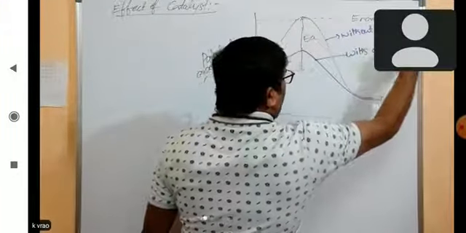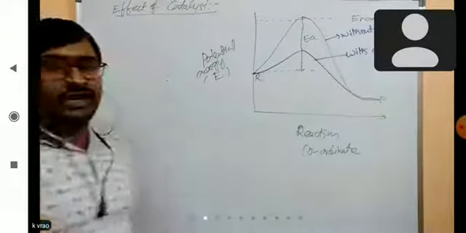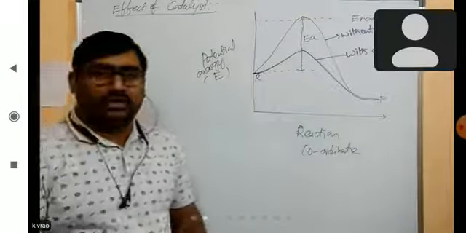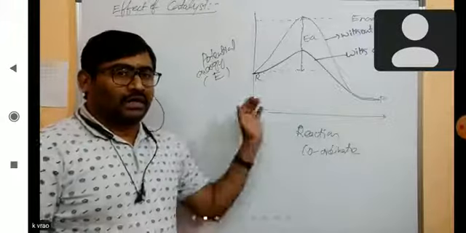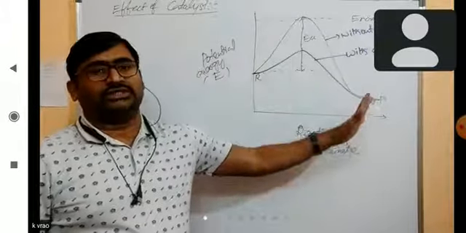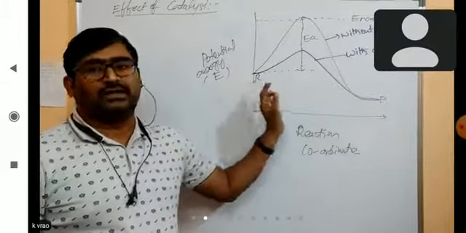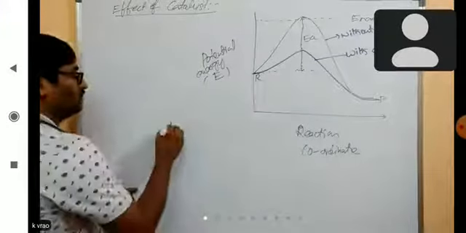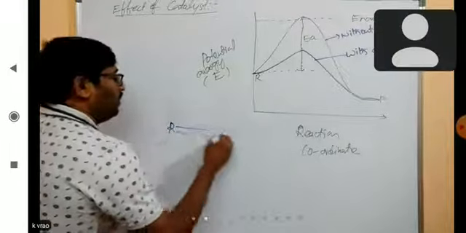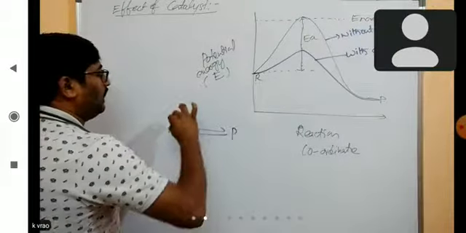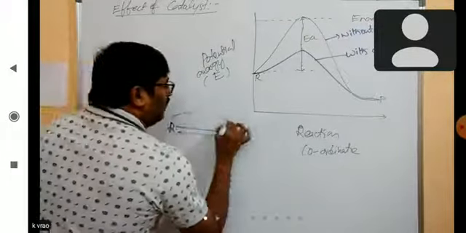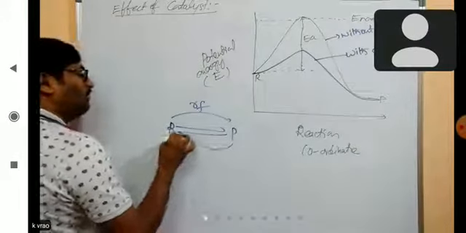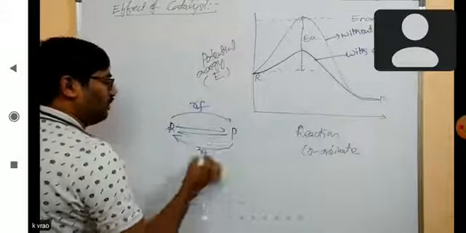So from this, what do you understand? If we add any catalyst to a reaction, either reversible or irreversible, it increases the rate of the reaction. That's it. It doesn't alter the equilibrium, because equilibrium reactions are reversible reactions. It increases the rate of the forward reaction and at the same time the rate of the backward reaction. What do you mean?